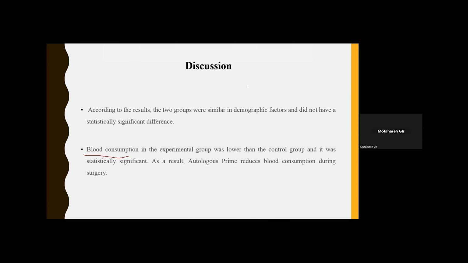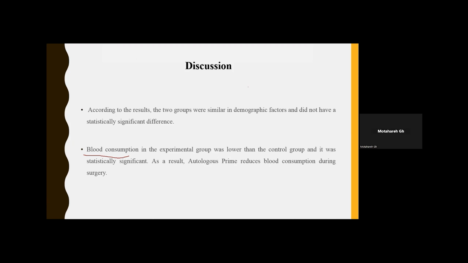Several studies have been done on the evaluation of autologous prime versus conventional prime in adults, but limited research is available in pediatric patients. In this study, we evaluated retrograde autologous priming in cardiopulmonary bypass during surgical correction of congenital cardiac disease in pediatrics.